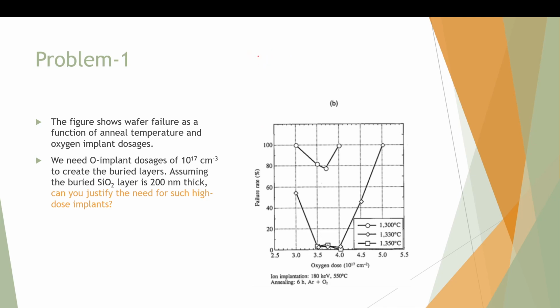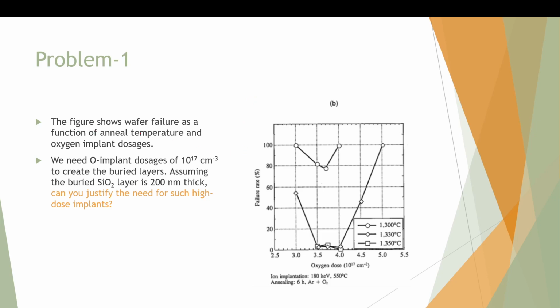As you can imagine, if we have a lot of defects in the active region, or if the SiO2 silicon interface is not very smooth, we should also avoid the interface defects, right? So it should be a smooth interface, and the active layer should be defect free. So all those things should be there. Only then we say that the wafer has not failed.